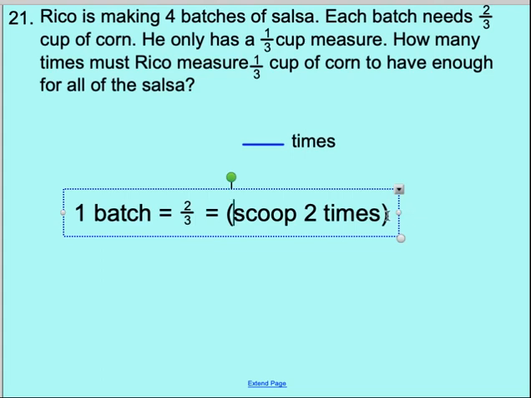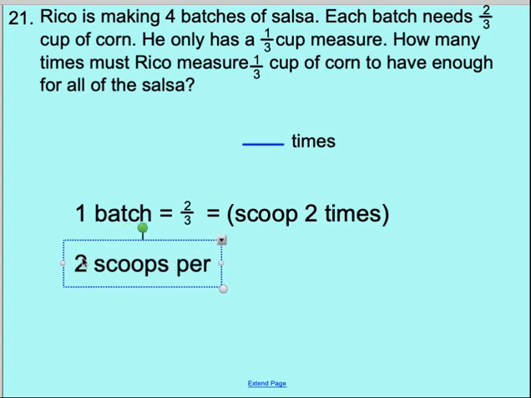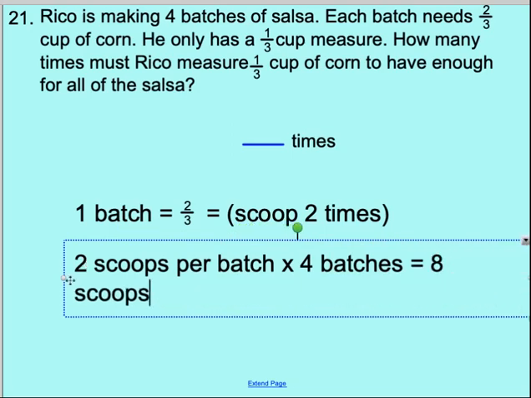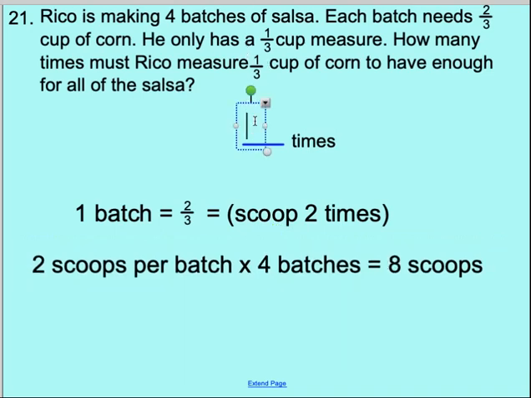So I take my 2 times per batch and multiply it by 4 batches. 2 scoops per batch times 4 batches equals 8 scoops. Right? Does that make sense? All right, so I know he has to scoop 8 times.